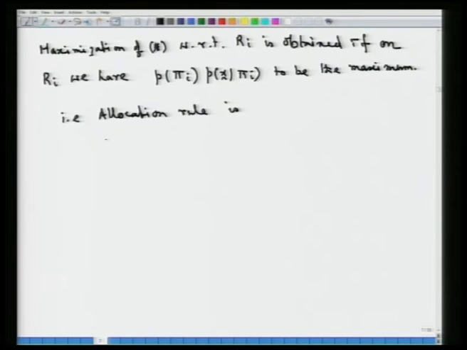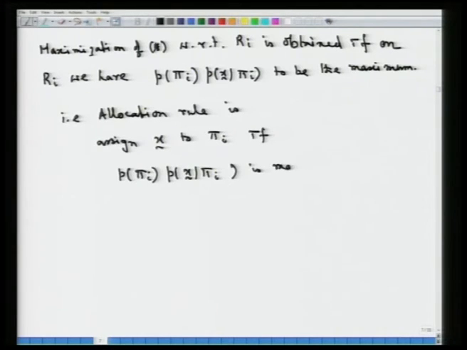Allocation rule is: assign x to πi if we have p(πi) into p(x given πi) is maximum for every i equal to 1 up to c.